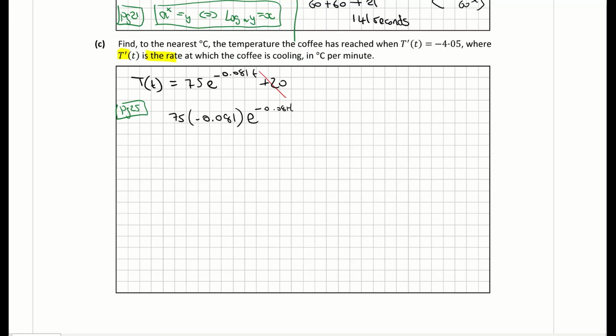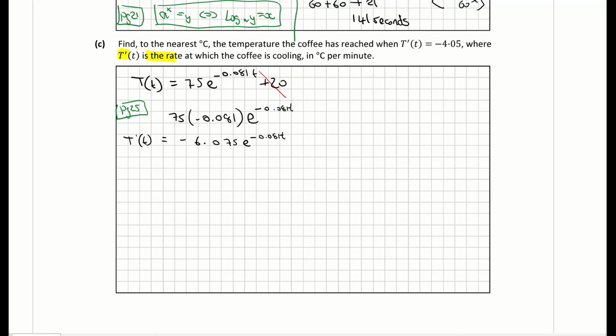It's the fourth rule down there on page 25 in your log tables, how to differentiate e to the power of a to the x. So when I multiply 75 by minus 0.081, I get minus 6.075e to the power of minus 0.081t. So that's the derivative.